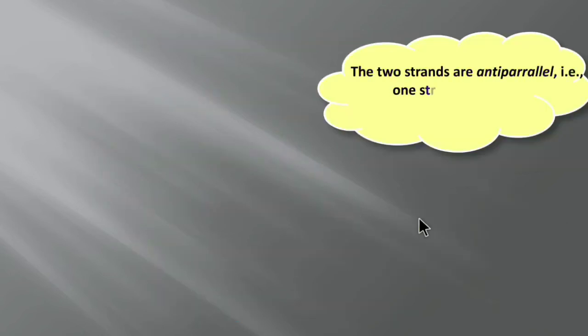You already know that the two polynucleotide chains have anti-parallel polarity. That means one strand is inverted in relation to the other. When you talk about the structure of DNA, it is compared to a twisted ladder.